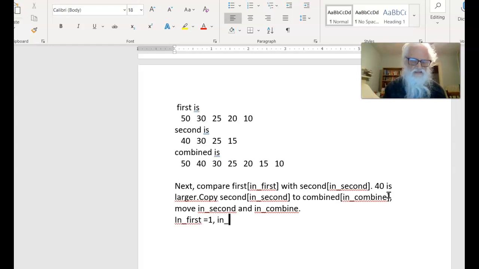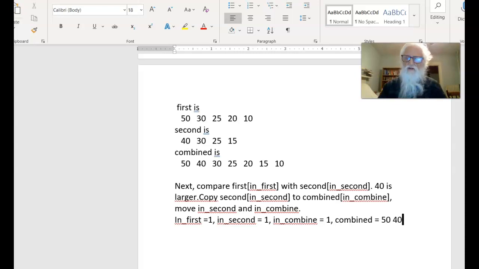In second equals 1. And in combine equals 1. And combined equals 50 and 40. So we just keep moving. We do the same thing.